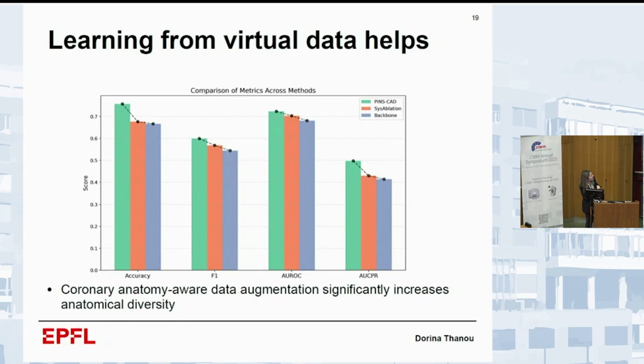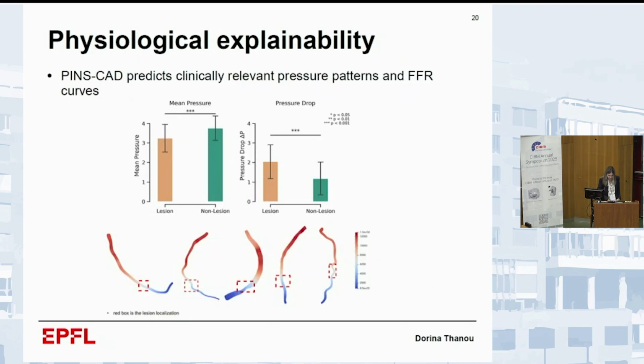And we can see that if we train a model just with clinical data, that would be the blue line there. If we train this model with some sort of pre-training, still on clinical data, with physics-informed constraints, you get a slightly better performance in an orange curve, and then with a green curve, if you introduce more virtual data. So by doing all these steps together, you get a performance that is quite important.